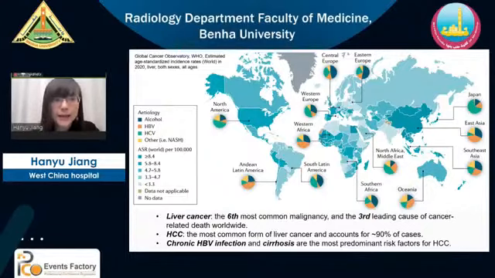Chronic HBV, hepatitis B virus infection, and cirrhosis remain the most predominant risk factors for developing HCC, but NASH, associated with metabolic syndrome or diabetes mellitus, is becoming the fastest growing etiology of HCC, particularly in the West.